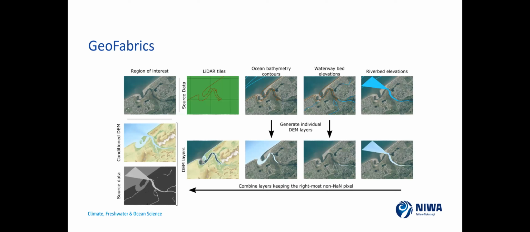And there's one final one that is hydrologically conditioning, and that's basically taking outputs either that you've provided or from the other processing stages and combining them to produce both a hydrologically conditioned digital elevation model, which you can see to the left, and also a second layer in an Xarray that indicates where this data came from, which is really good for data traceability and science reproducibility.